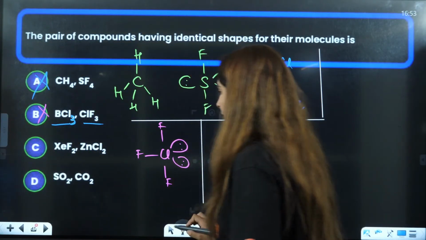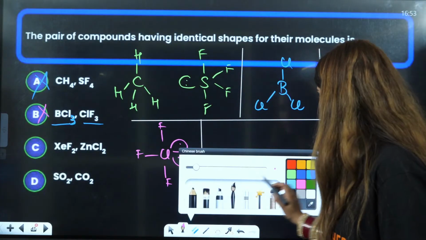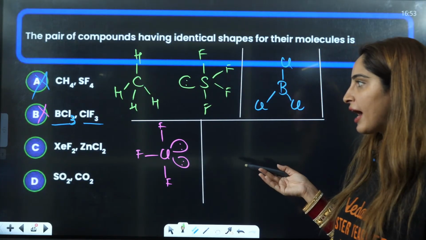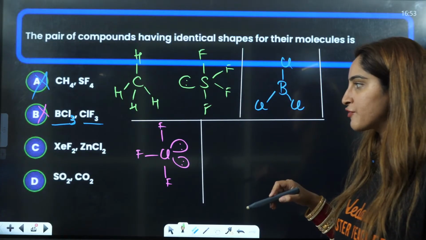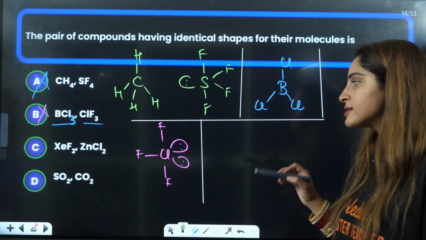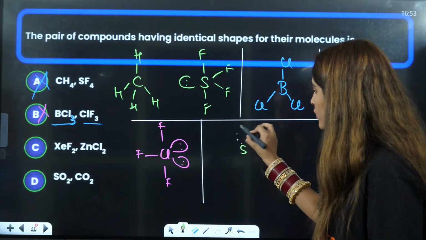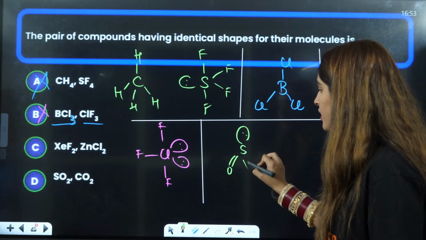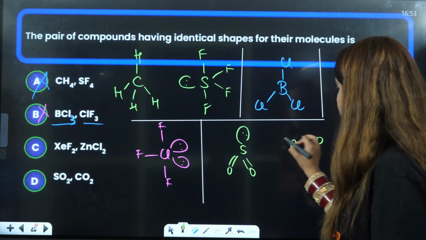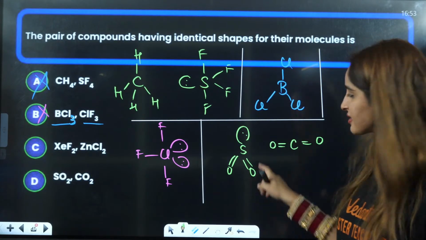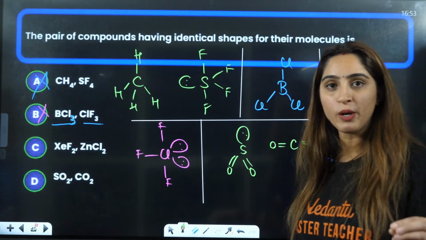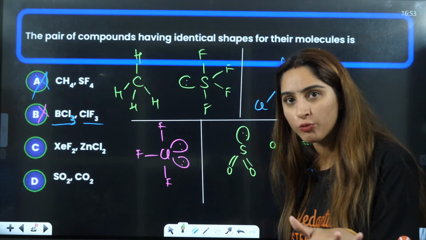Next is XeF2. I have high hopes on ZnCl2 and XeF2, because SO2 and CO2 are also not the same. SO2 is basically like this, and CO2 is like this. The only difference is sulfur belongs to group number 16, so it has 6 outermost electrons.